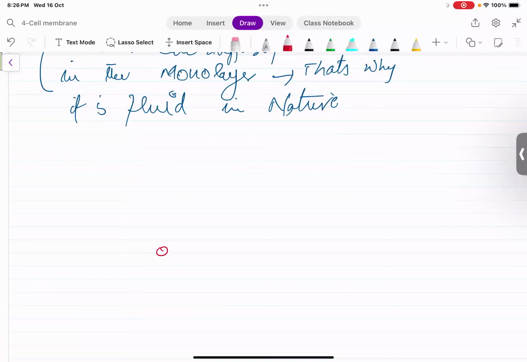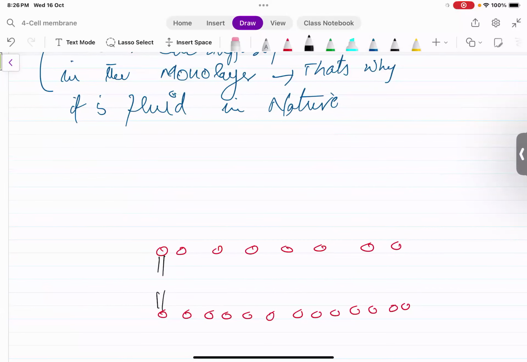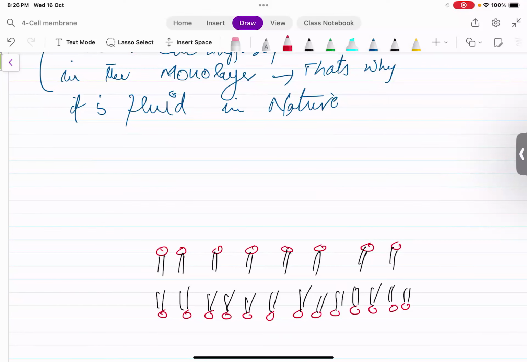If we look at the 3D view, this is the phospholipid bilayer from a side view.